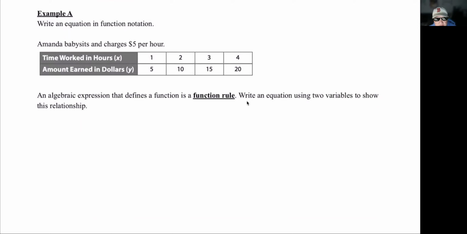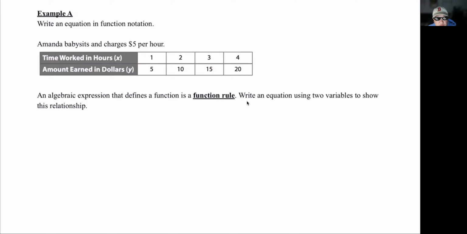Let's examine this and pretend that we didn't know this over here, and just deduce the function by looking at the numbers. So the time that you worked is 1 hour, which gives you 5. You work 2 hours, gives you 10. 3 hours, it gives you 15. 4 gives you 20, and so on and so forth.